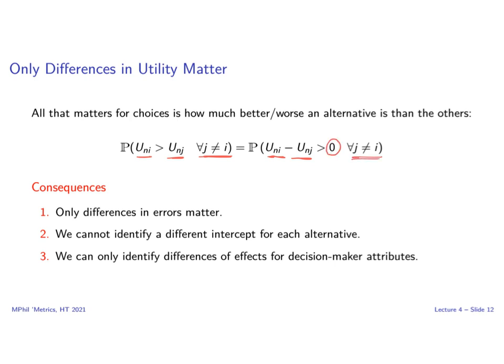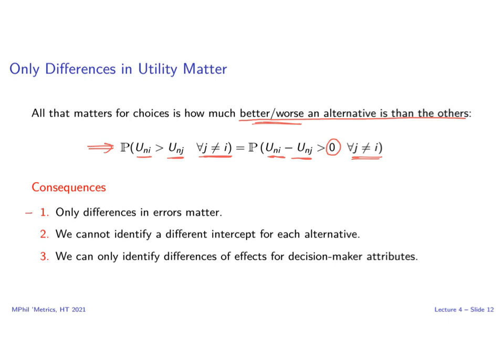In other words, all that matters is how much better or worse a given alternative is than the others. Stated in terms of choice probabilities, the probability that U_ni is greater than U_nj for all j not equal to i is equal to the probability that U_ni minus U_nj is greater than 0 for all j not equal to i. We'll explore three consequences of this fact.